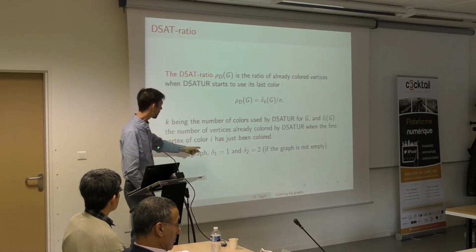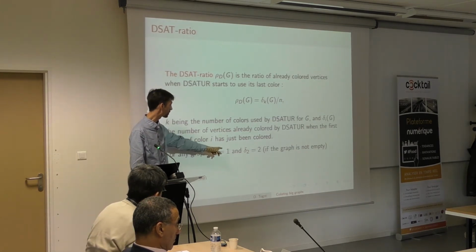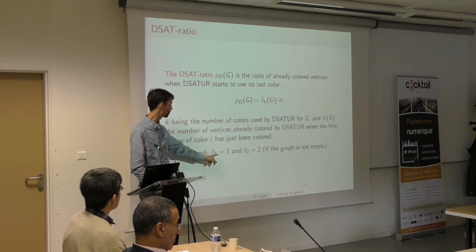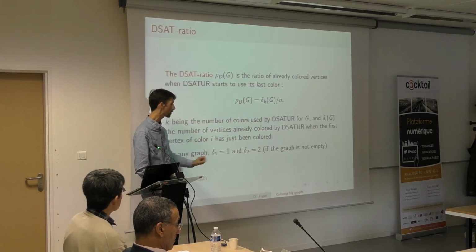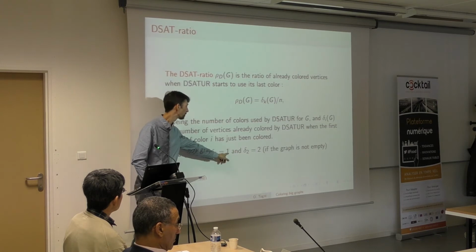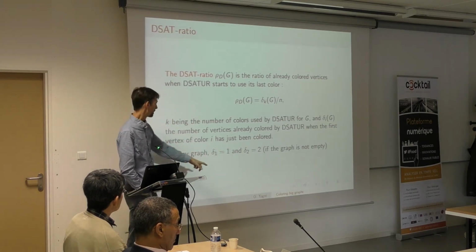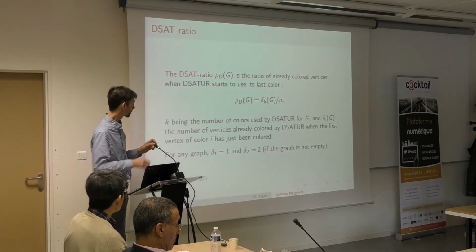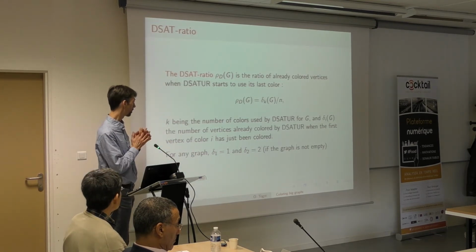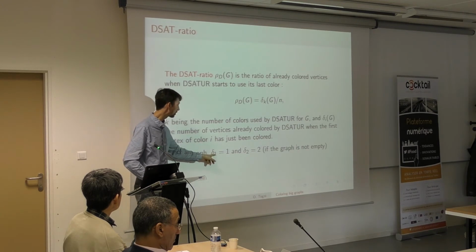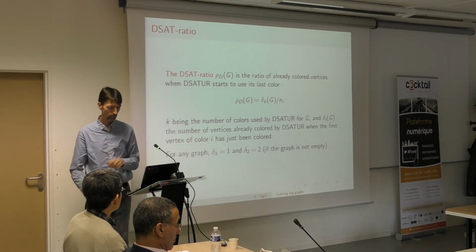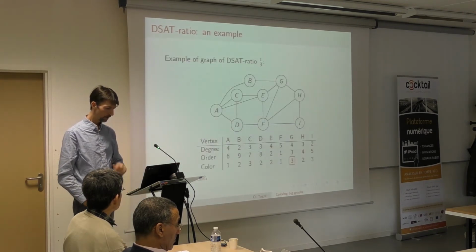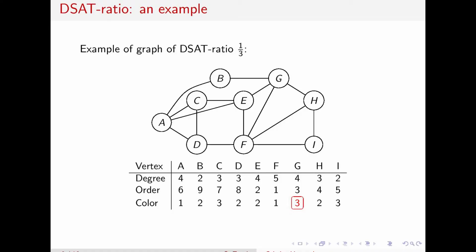So for instance, for any graph, delta 1 is 1. For any graph, you will use the first color for coloring the first vertex. Delta 2 is 2 if the graph is not empty, because the second vertex which will be colored will be a neighbor of the first one, so you will be obliged to use a second color. And if we look at the previous example, we have a graph with a DSAT ratio of 1/3.